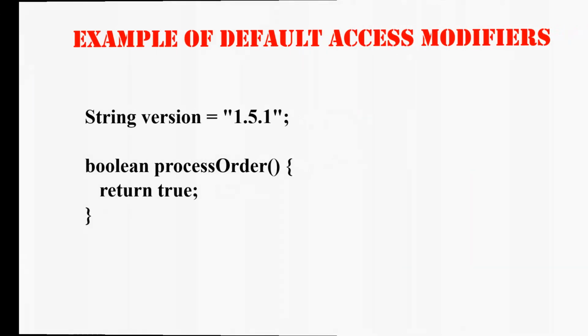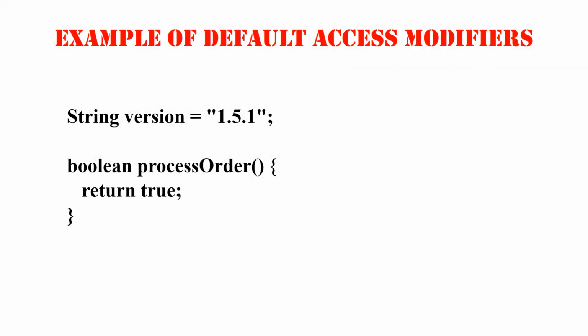That means that once you have assigned the value to the string version, it cannot be changed because this one is final. You have already said the string version is only 1.5.1. So in case there is a new version, 2.0.1, it cannot be printed out unless you declare them all down here.